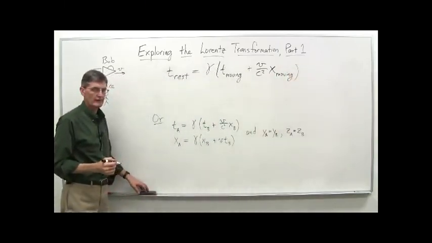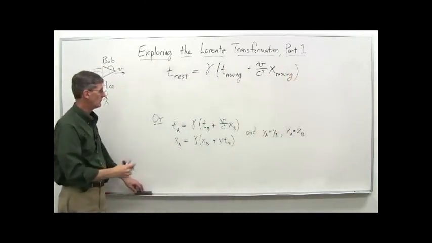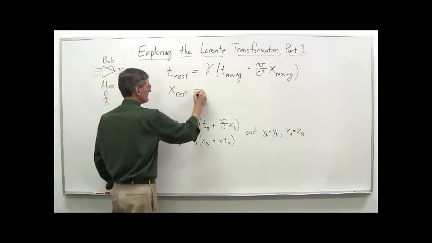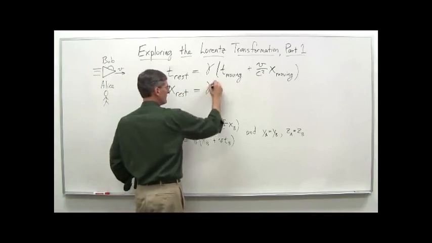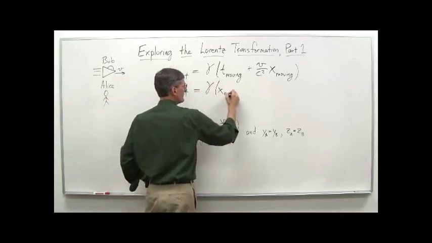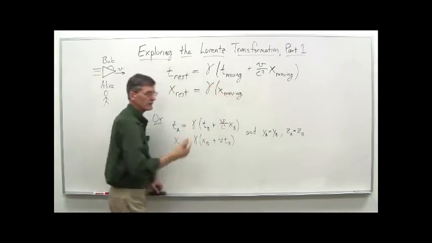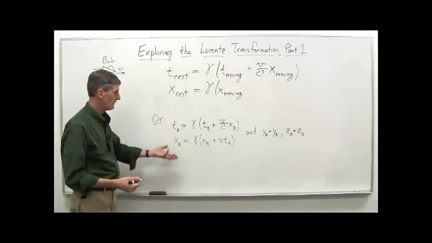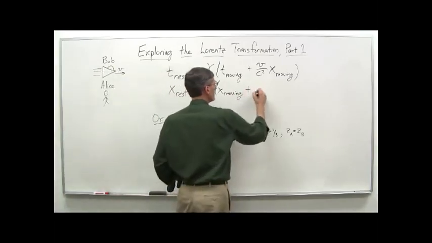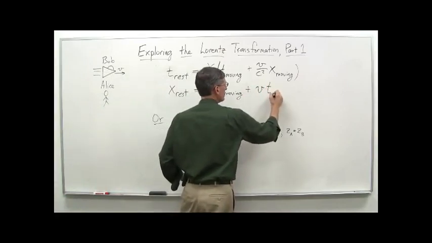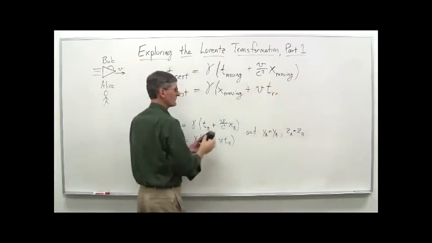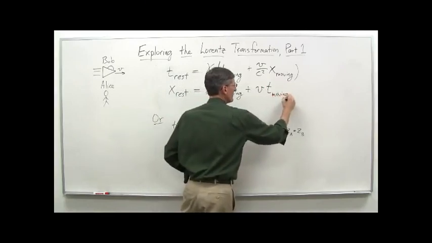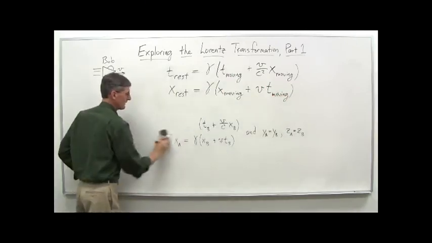In this case that would refer to Bob. Then X rest equals gamma times X in the moving frame, with respect to Alice. Alice is assumed at rest here, plus V T moving, not rest. Okay, so we got that.